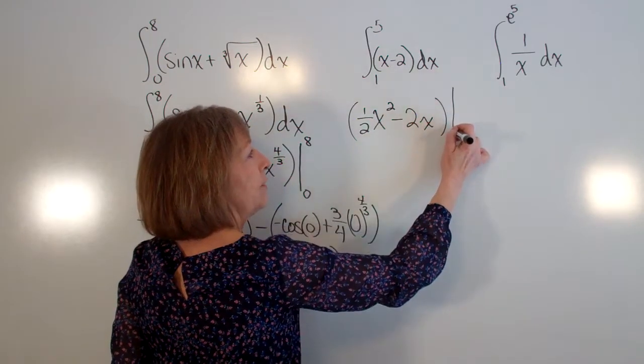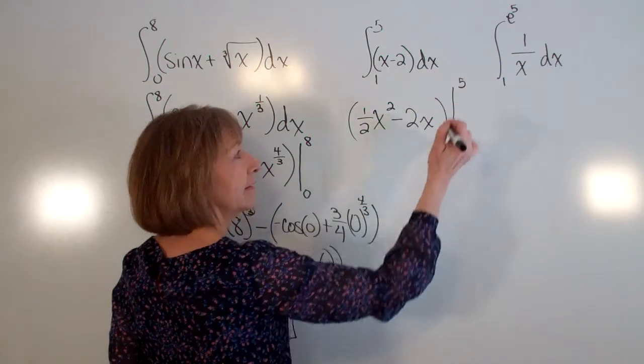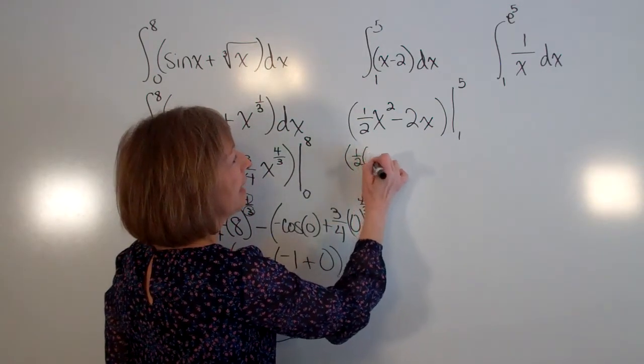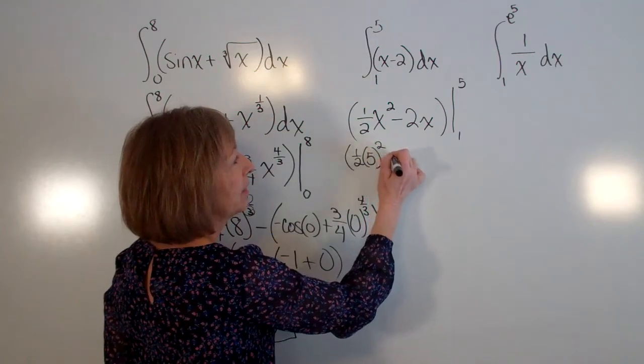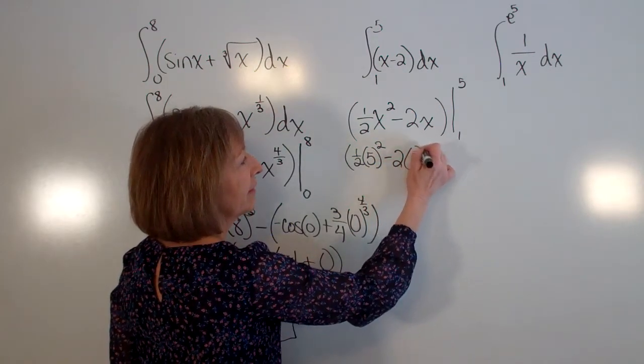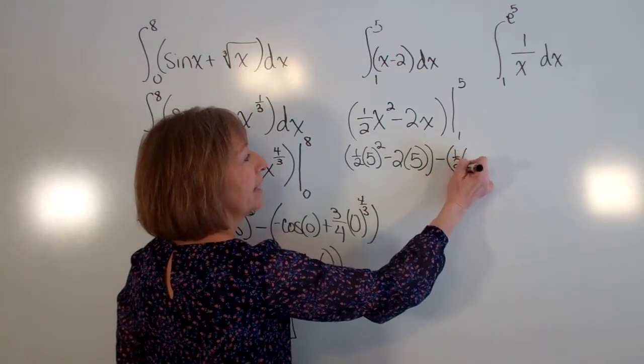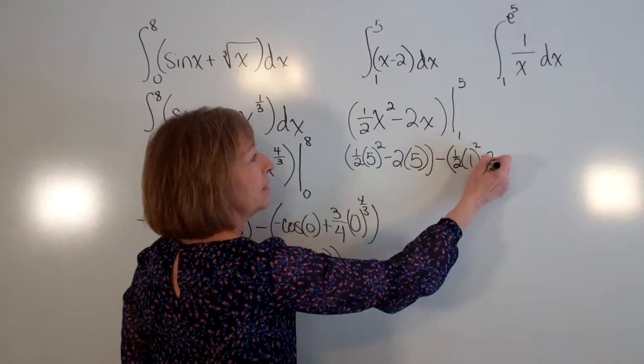And I'm going to evaluate that from 1 to 5. Plug in the 5. That's 1/2 times 5 squared minus 2 times 5, minus, plug in the 1. 1/2 times 1 squared minus 2 times 1.